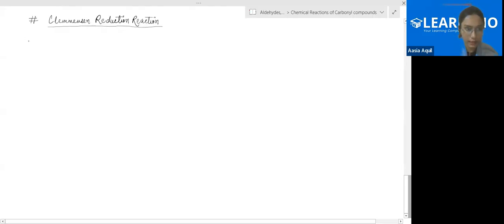Let's take one example. Let's take a carbonyl compound in the presence of ZnHg and HCl. So here reduction will happen.